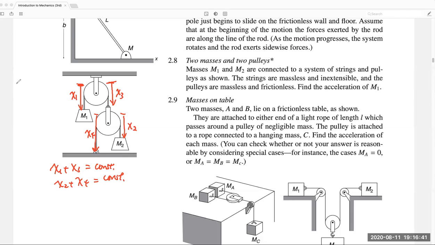So the acceleration of m1 is so easy. It should be x1 dot dot. So how about the acceleration of m2?